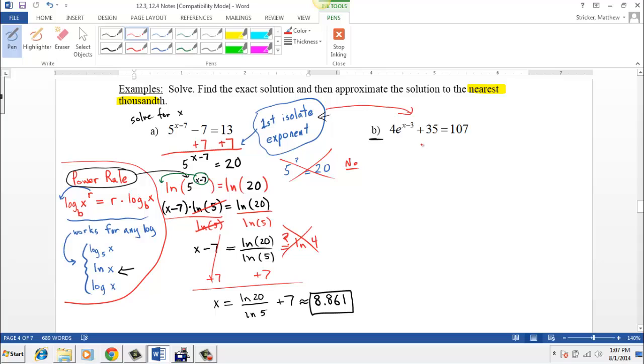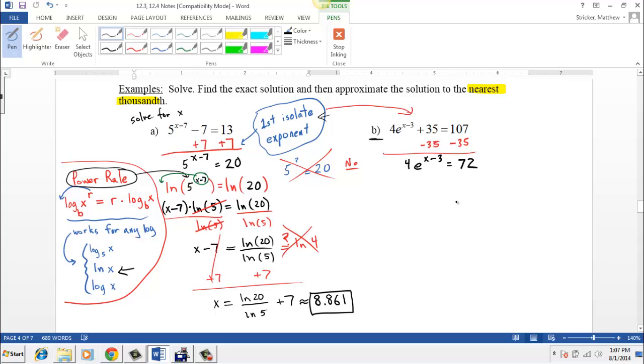So, of course, our first thing is to subtract 35 from both sides. And when we do that, we're left with 4 times e to the x minus 3 power equals 72.